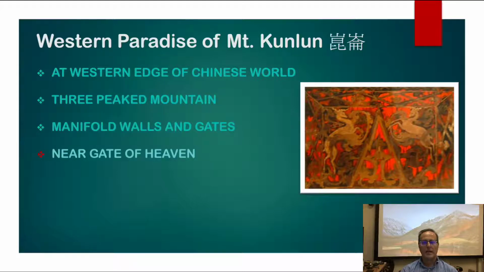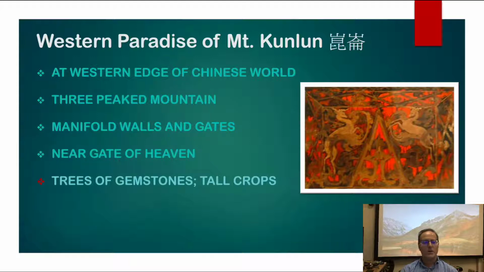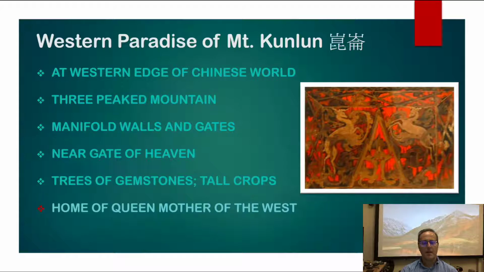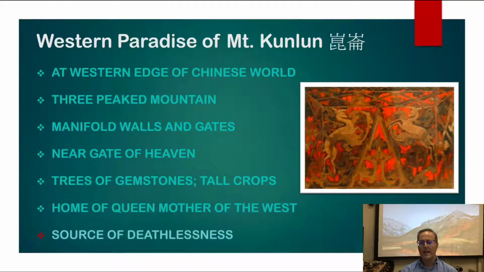And it's near a gate where you can get directly into heaven. There are trees made of gemstones here and incredibly tall crops. And it's also the home to this deity known as the Queen Mother of the West, which I'll be looking at in just a second. And here is where one can achieve post-mortem immortality, or deathlessness, 不死.